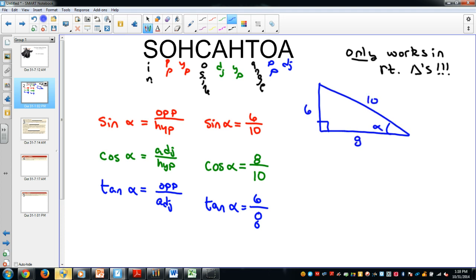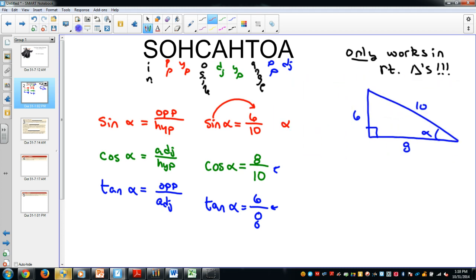What I would do, I could take any one of these three equations and I could move the sine to the other side of the equation. So I would say that alpha equals, and we use what's called the inverse sine. The inverse sine of 6 over 10.